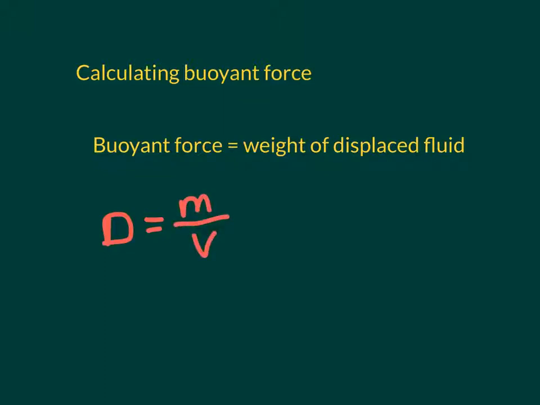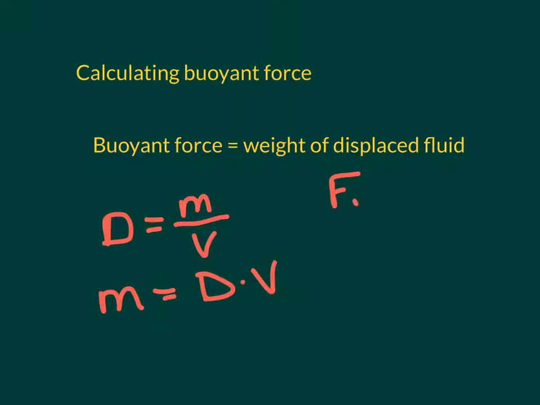So if we wanted the mass, that would be our density times our volume, getting volume off the bottom on both sides. And then how do we go from mass to weight? Remember, to go from mass to weight, we take our weight.